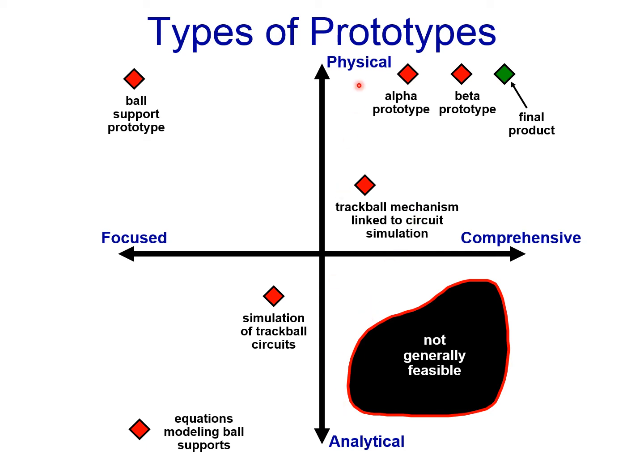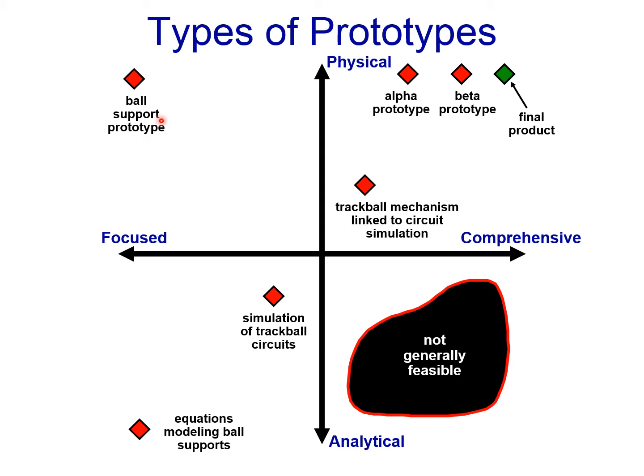Focused and comprehensive prototypes can be analytical or physical. Physical prototypes are tangible, and analytical prototypes are abstract, usually mathematical, like a simulation model or a system of equations to describe behavior. For example, in the Apple laptop example in the book, a focused physical prototype was built for the trackball support to learn about trackball feel.